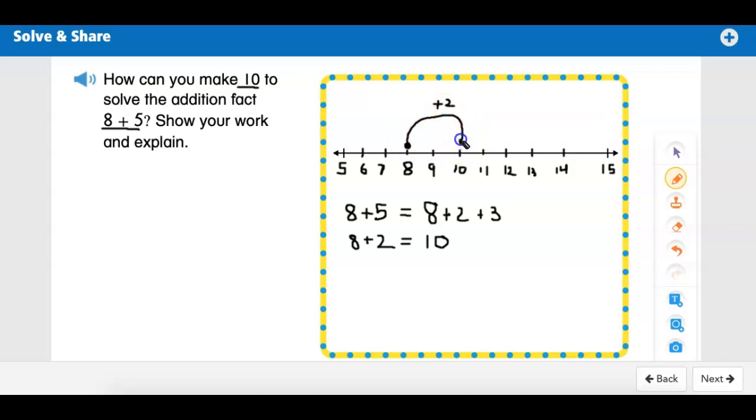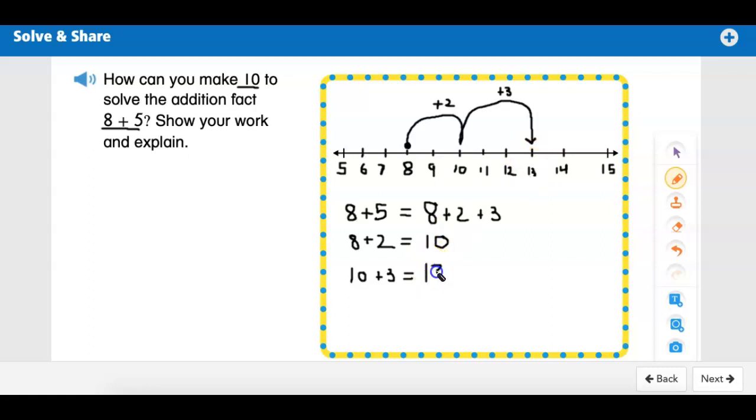So if I were to jump again, 1, 2, 3 spaces, so I added 3, that shows that 10 plus 3 is equal to 13.